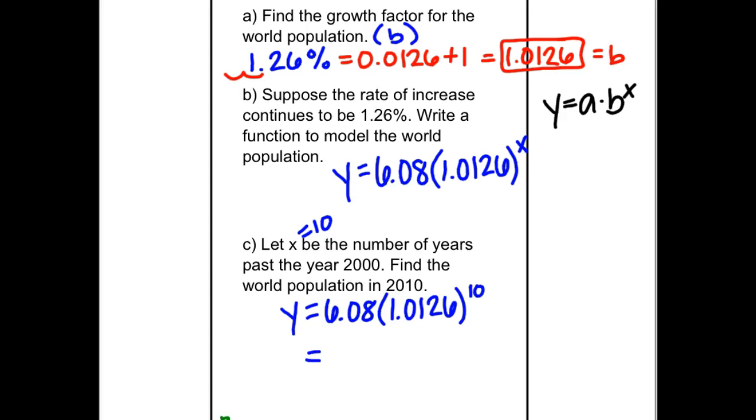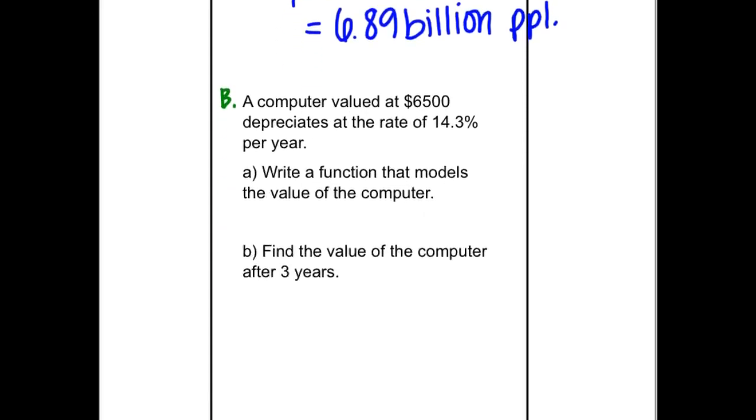And what do we get? 6.891008883. So we started with 6.08, 2 decimal places, so we're going to go with 2 decimal places at the end. So 6.89 billion. And so 6.89 billion, if you want to add people, or PPL for people on the end, that would be awesome.